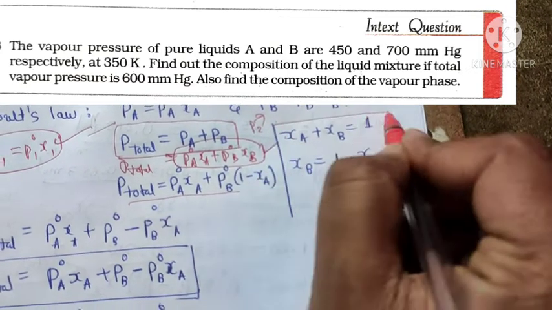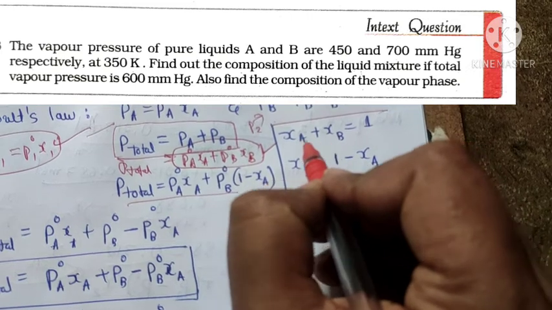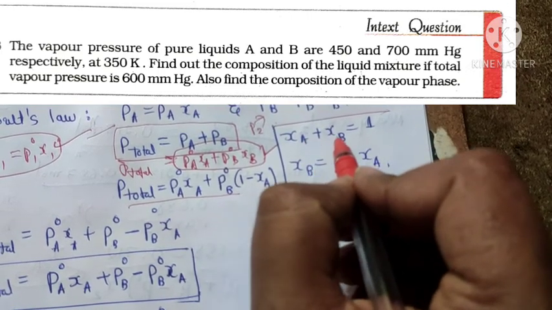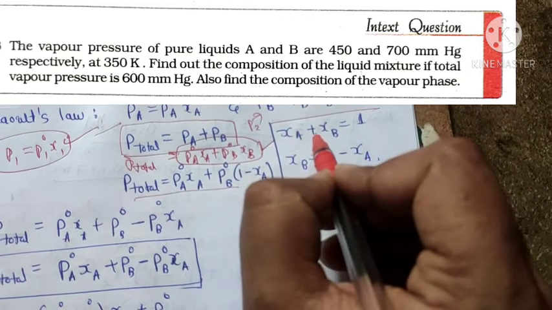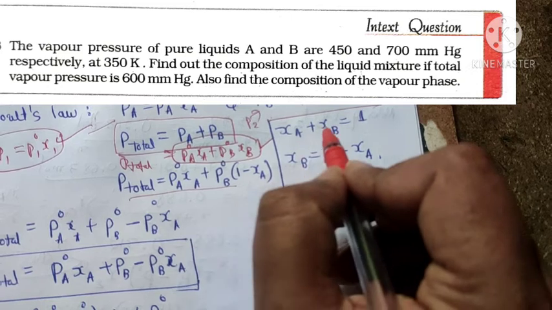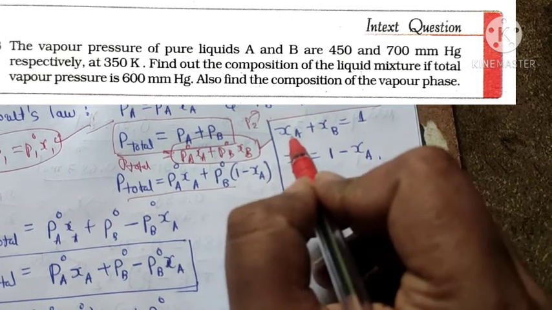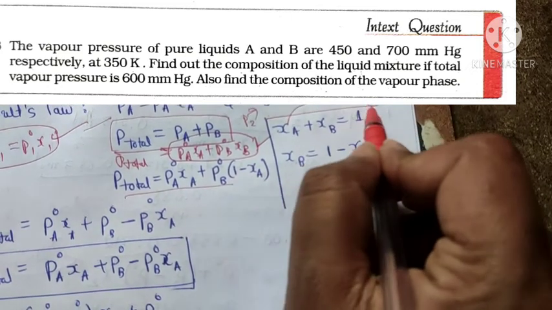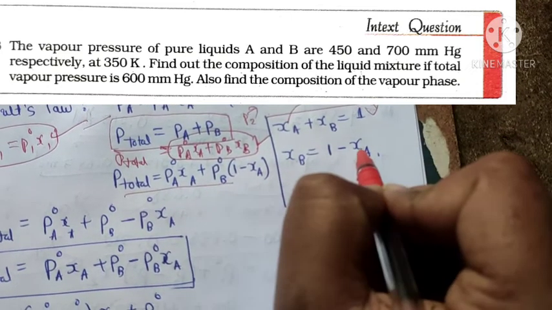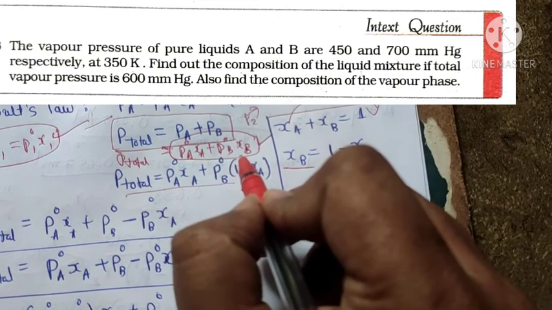Here is one more point: the sum of the mole fractions is equal to unity, XA plus XB is equal to 1. So keeping only XA, XB becomes 1 minus XA. The XB value is substituted here.